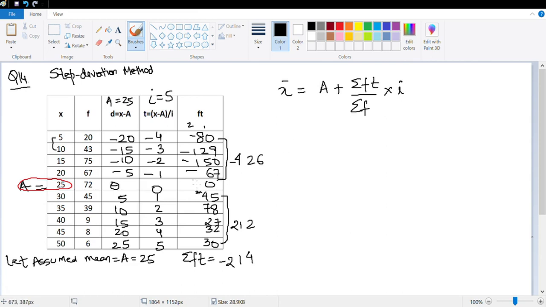So let's check what is summation f. In this case, summation f not given, so I will have to do the summation f. I should have done this separately, but anyway. That's 8, 15, 20, 22, 29, 38, 46, 54. Summation f.